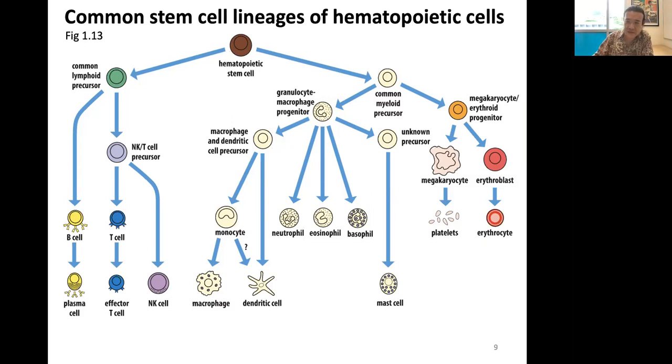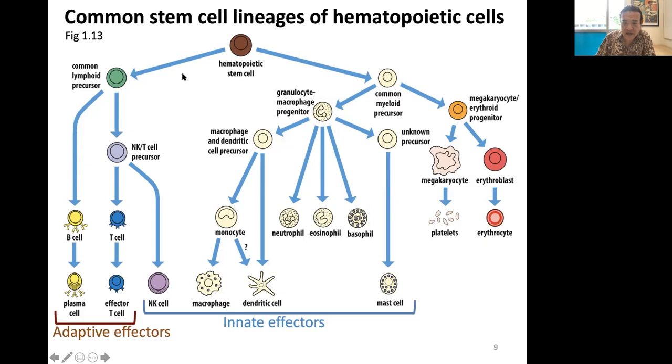So these are stem cells that make all of the other cells that make up our blood. You can see here that as these stem cells differentiate or change to create the many different types of cells that we need, there are two main divisions up here, right? And not surprisingly, those two main divisions are the innate side and the adaptive side.